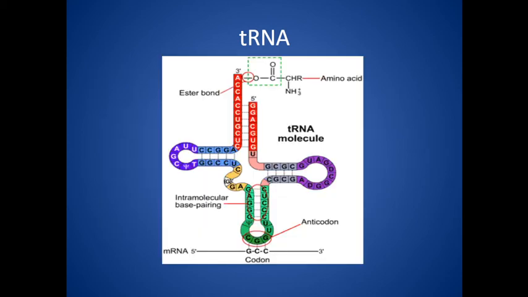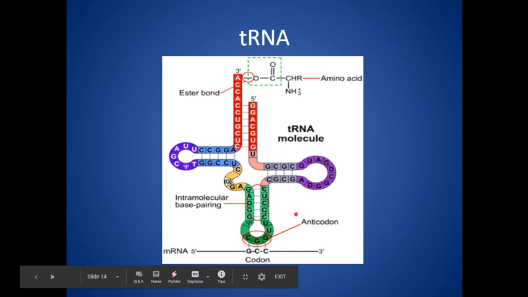So this is the tRNA molecule itself. We can see that we have a clover-shaped molecule with the bonds between the C's and G's and A's and U's in between here, which is giving it that specific shape. We can see we have the codon, which is from the mRNA strand down the bottom here, and the anticodon is what is complementary base pairing to the codon.